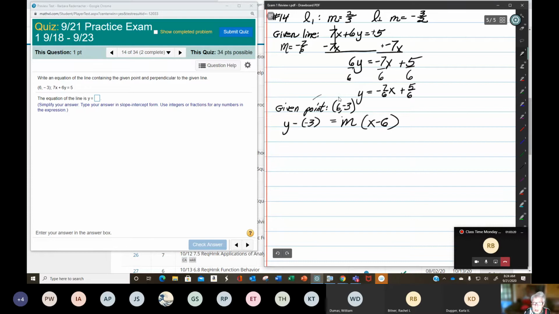This is my x1 and y1. And what I'm using here, I should have written it first, is y minus y1 equals m times x minus x1, which is called the point slope formula. So I should write that too, since we're reviewing.